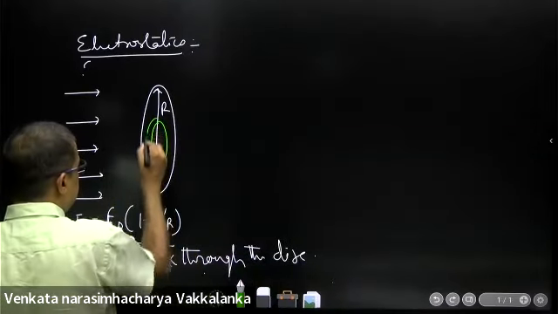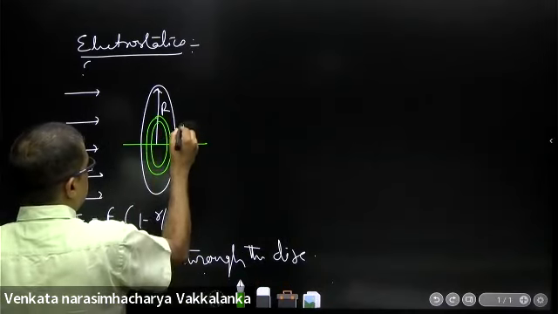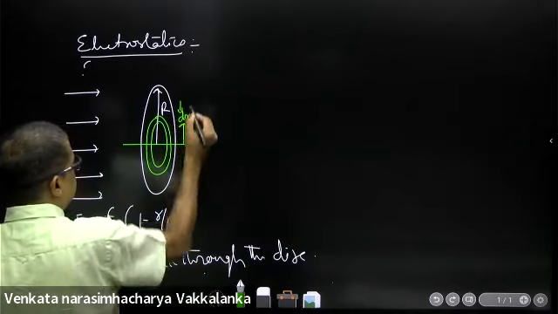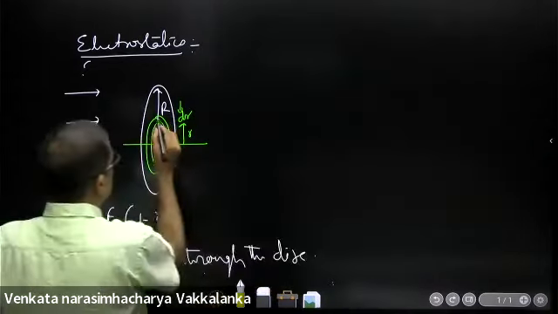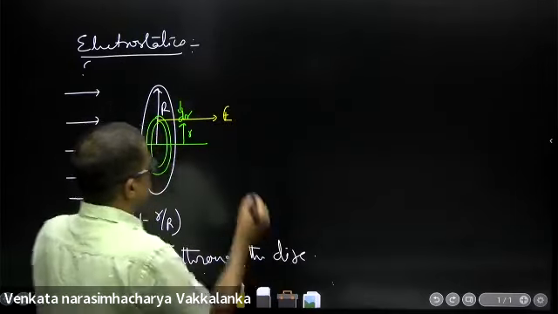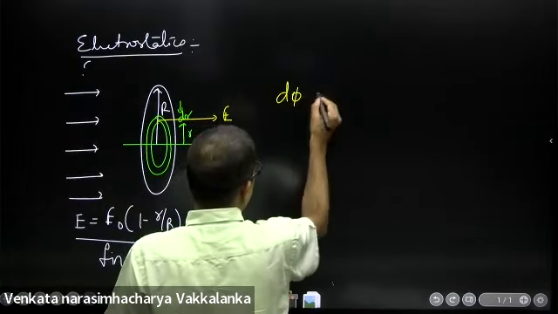Consider an element of radius small r, thickness dr. The field is in yellow color here. Field into area will be d phi.